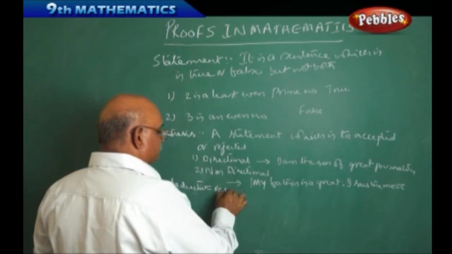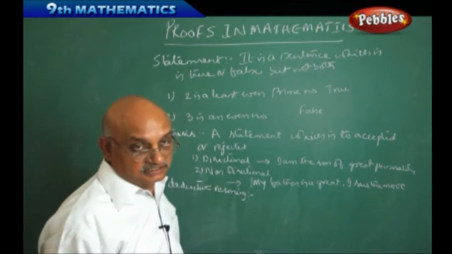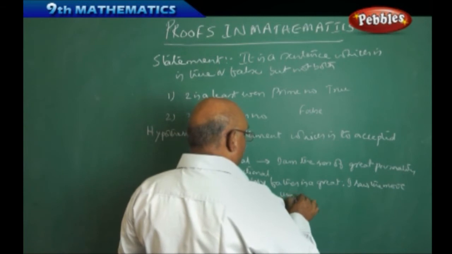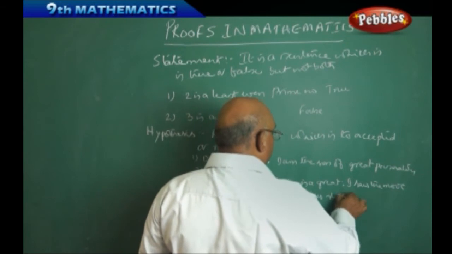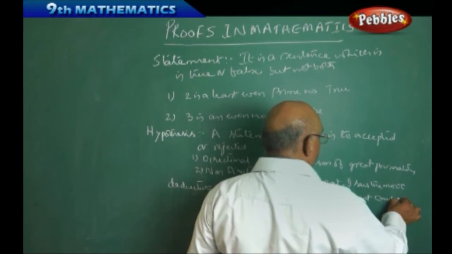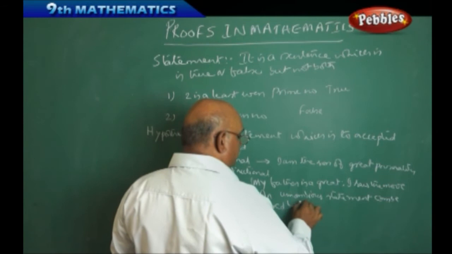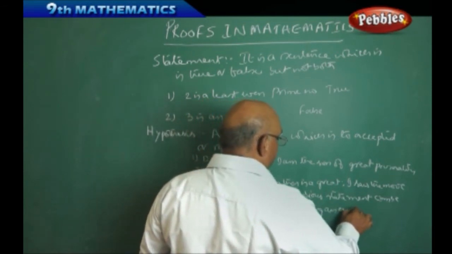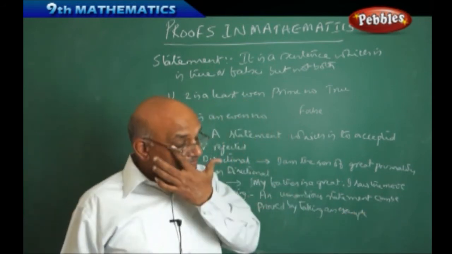Deductive reasoning: an unambiguous statement can be proved by taking an example. Therefore, this is called deductive reasoning.